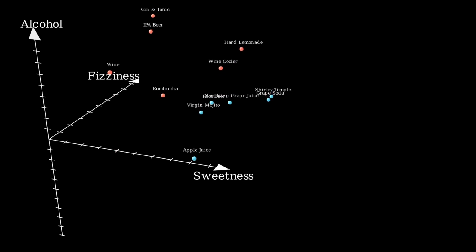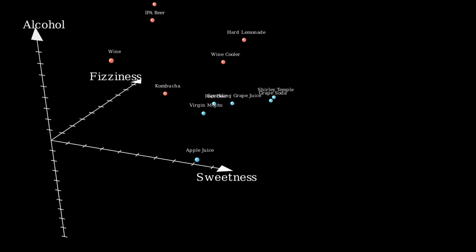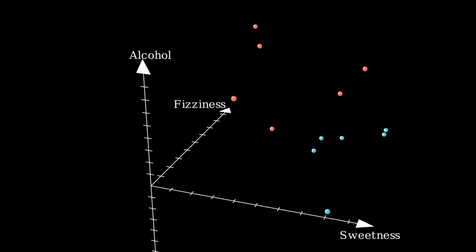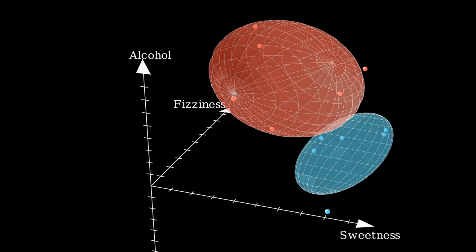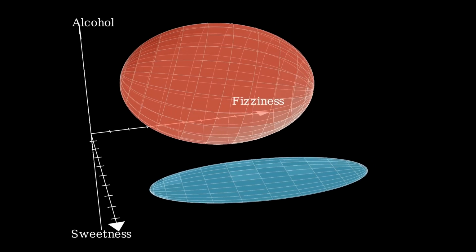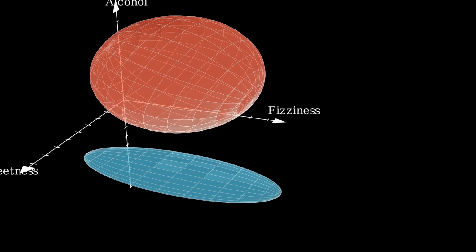Let's take a look back at our drink graph. Does adding a new axis give us more information, or is it just noisy data? Well, in this case, this new feature clearly helps us separate the categories we're interested in. It lets us see something we couldn't see before by reshaping our boundaries. And here's the cool part. This doesn't have to stop at 3 features.